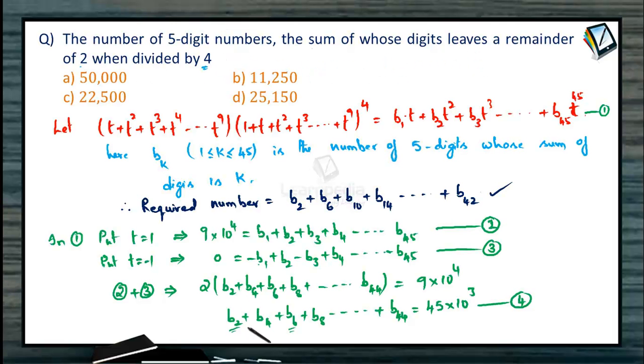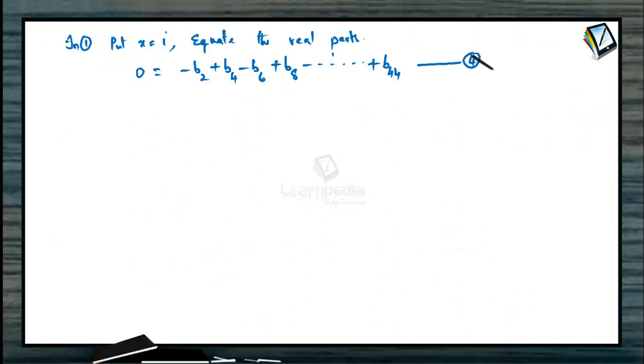And recollect what is equation 4 with us? b2 plus b4 plus b6 and so on up to b44, the sum of all even coefficients is 45 into 10 cube. This would be our equation 5. Now what happens when we add equations 4 and 5? Can we rewrite this, separating all the minus terms to one side?